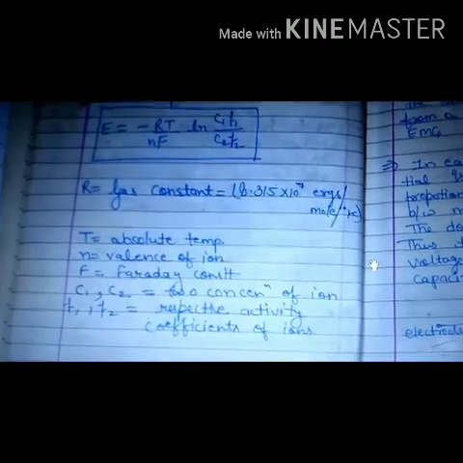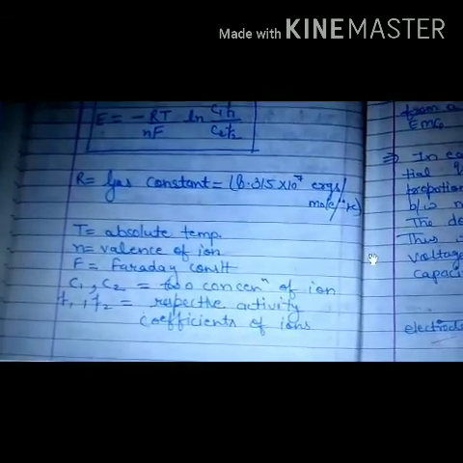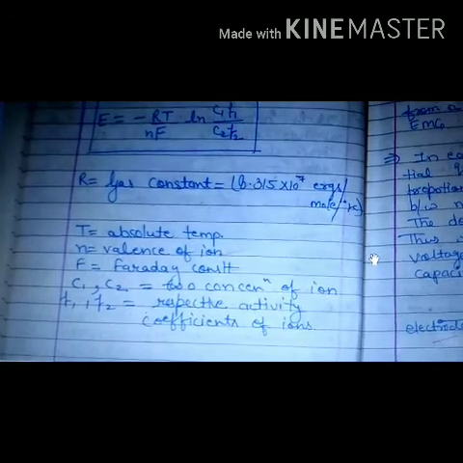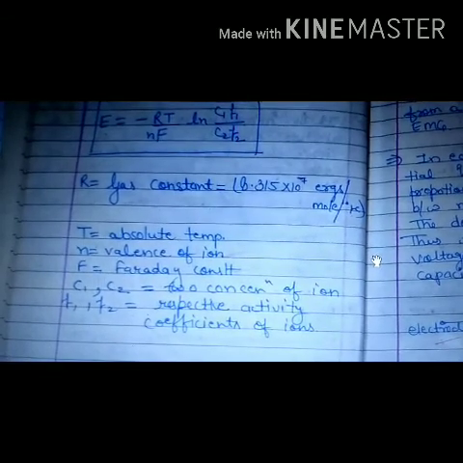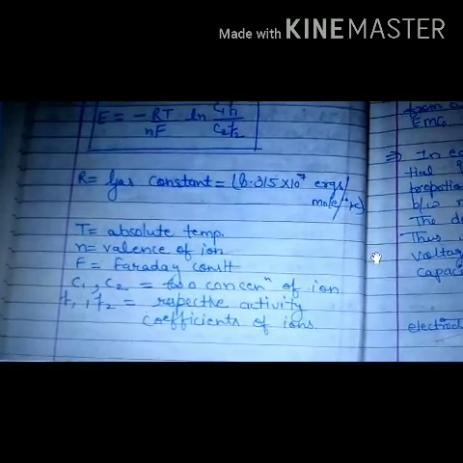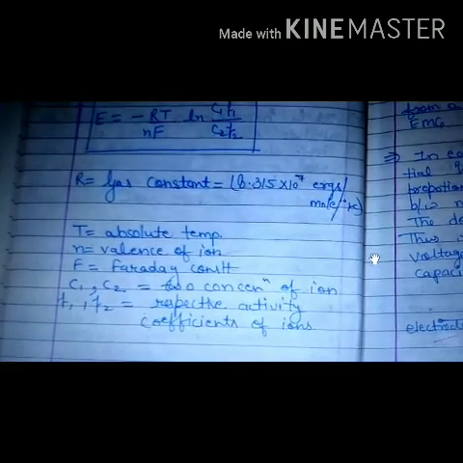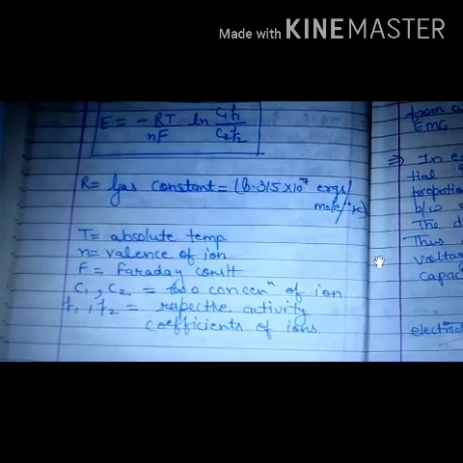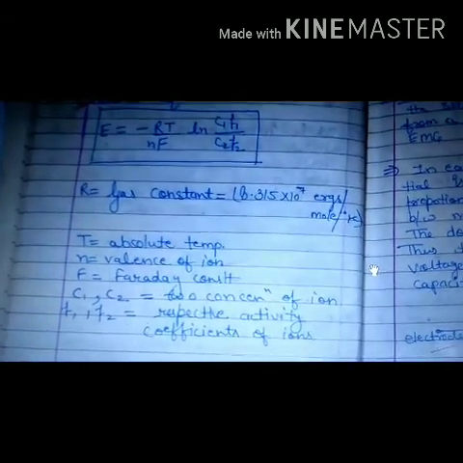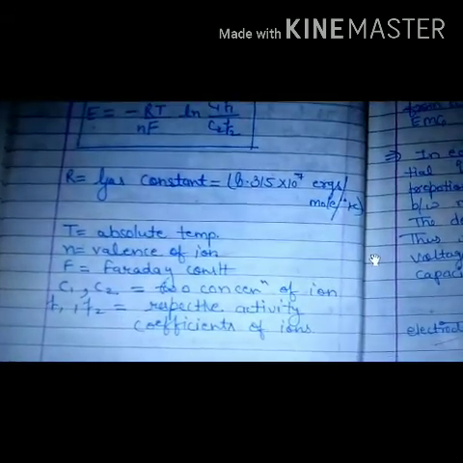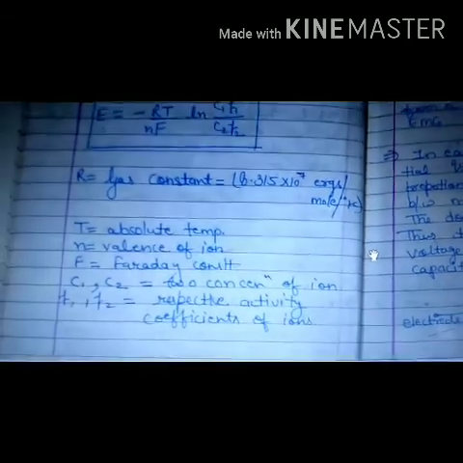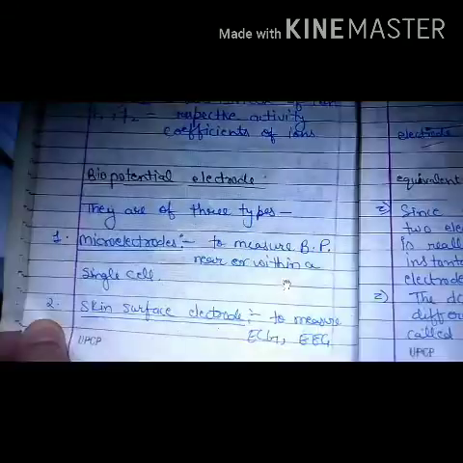T is the absolute temperature, N is the valency of ions, F is Faraday's constant, C1 and C2 are two concentrations of ion, and F1 and F2 are the respective activity coefficients of the ions. These values vary from ion to ion and therefore should be used very properly.